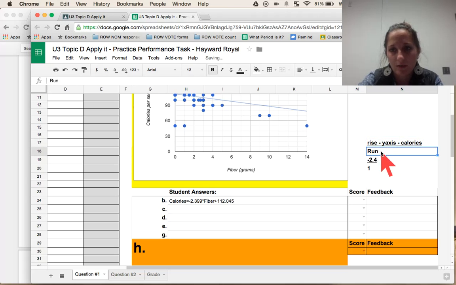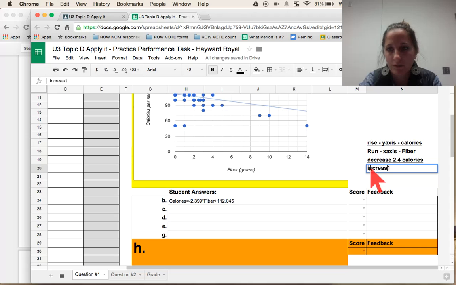The run is really a left and right movement, which is the x-axis, which represents grams of fiber. Okay, so this really means negative means decrease 2.4 calories, and 1 is positive, so increase 1 gram fiber.